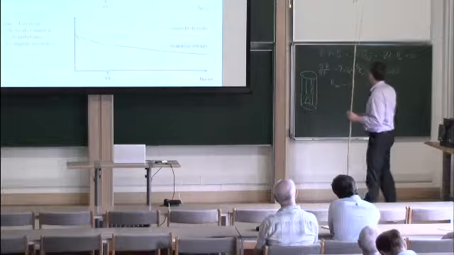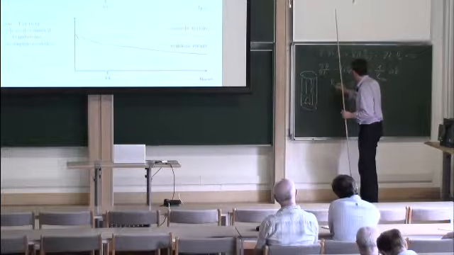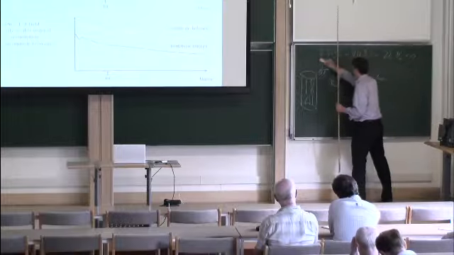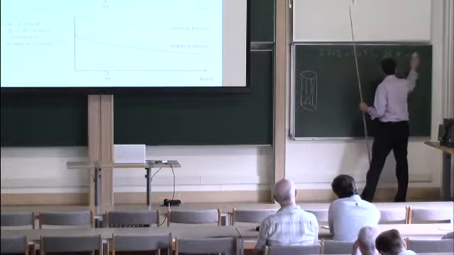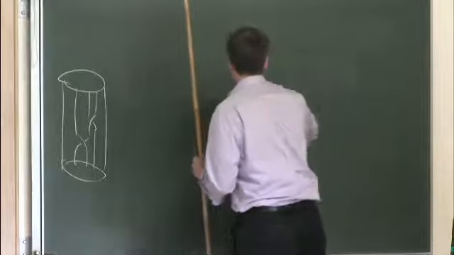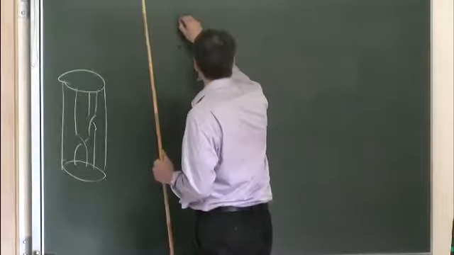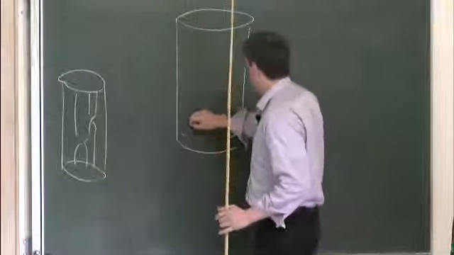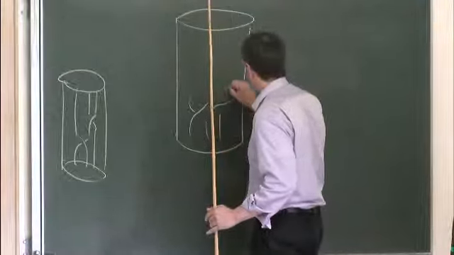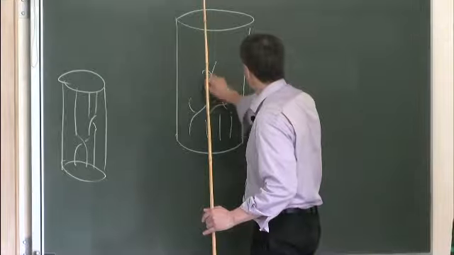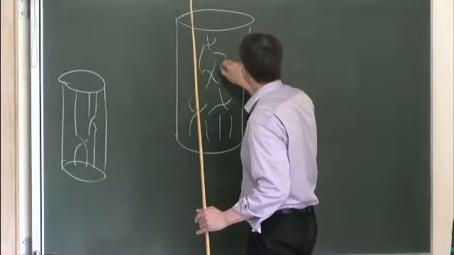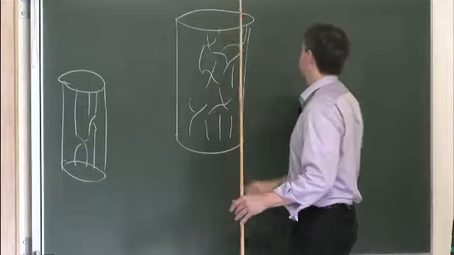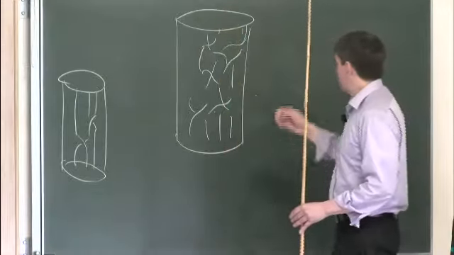And if you have a very complicated braid, this is again our domain, and let's say I have a very complicated structure here of field lines.